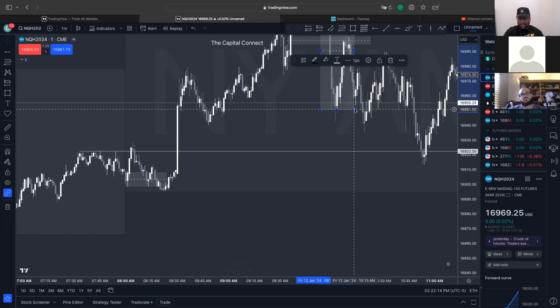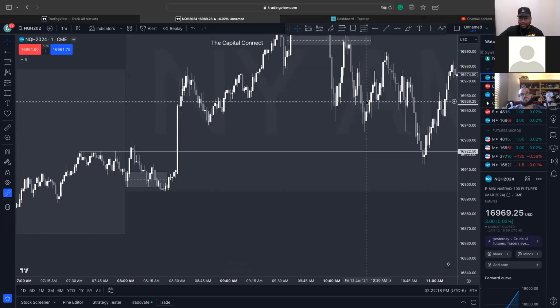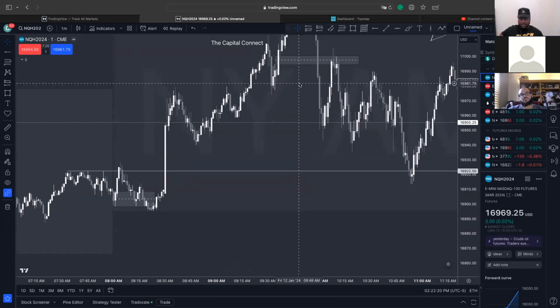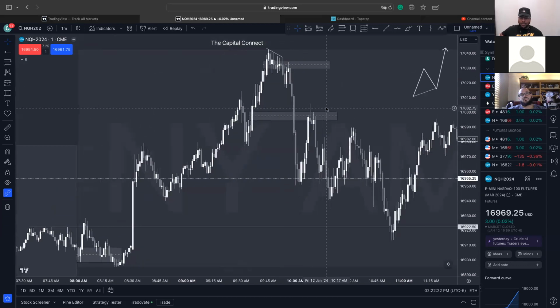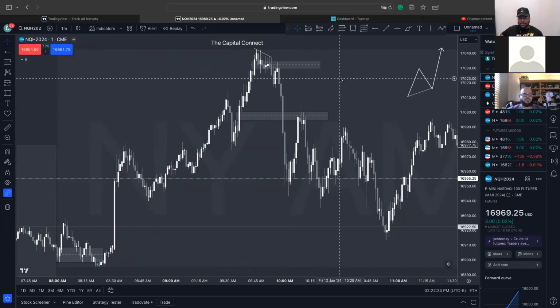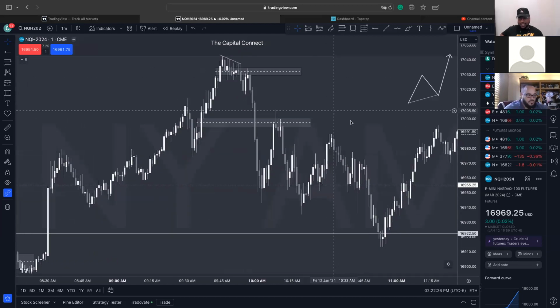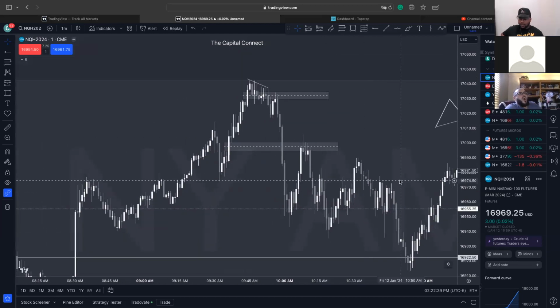If that doesn't help me, then I'm just going to choose my favorite one, whichever one I like the most, and live with the results. There are plenty of times where both NAS and the S&P had the same type of setups with no differentiators between them. I chose one, it worked, the other one didn't, and you're going to have to live with that, unfortunately.